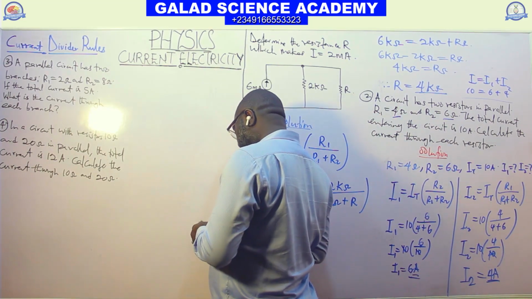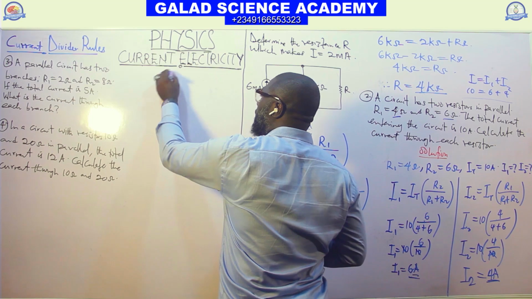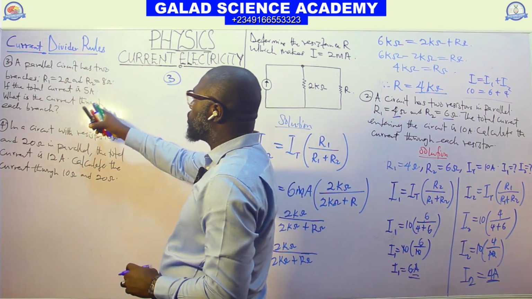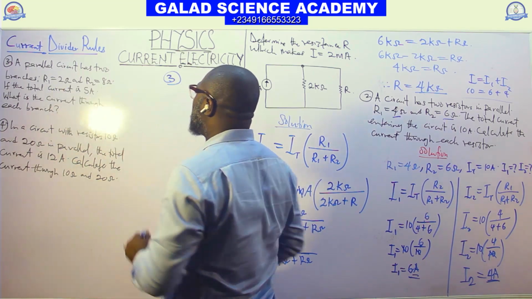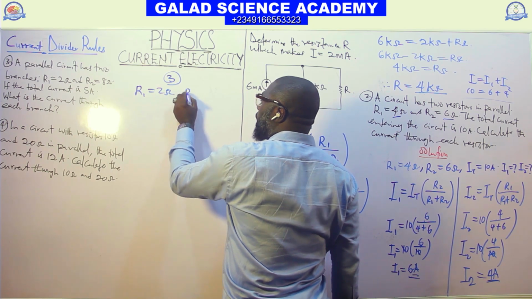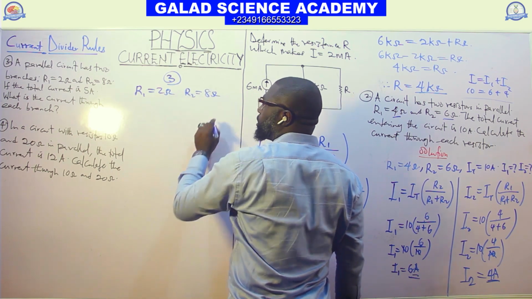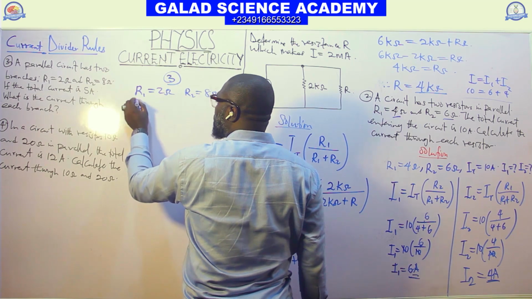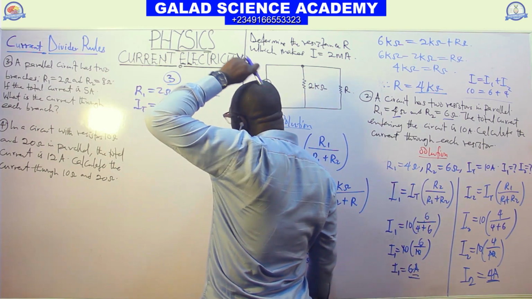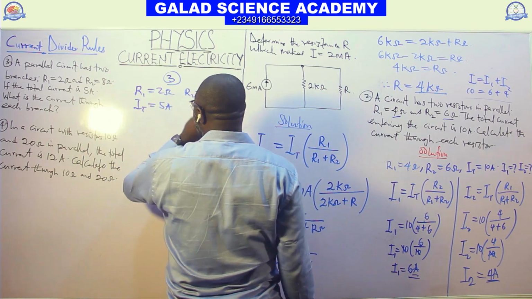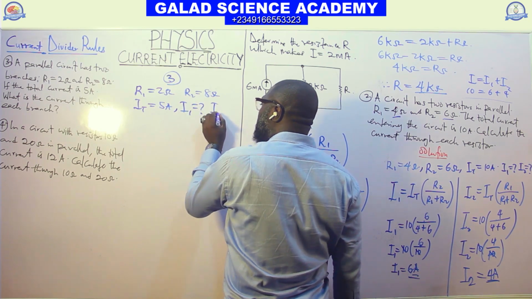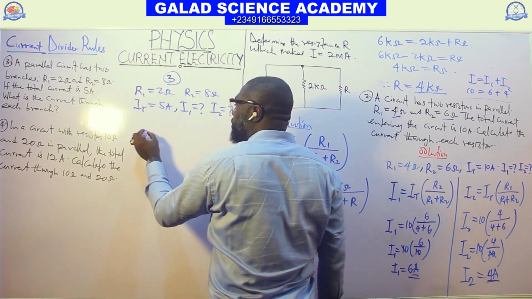Look at question number 3. Solution. A parallel circuit has 2 branches of resistors. We are given R1 to be 2 ohms and R2 to be 8 ohms. The total current, I total, is equal to 5 amperes. We are looking for the current I1 and current I2. What is the formula?